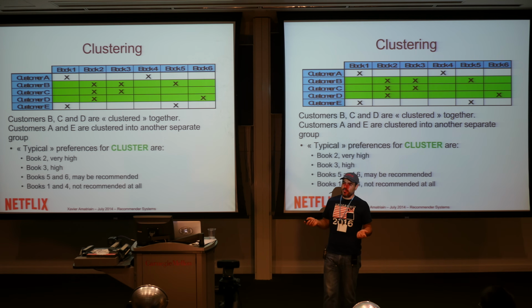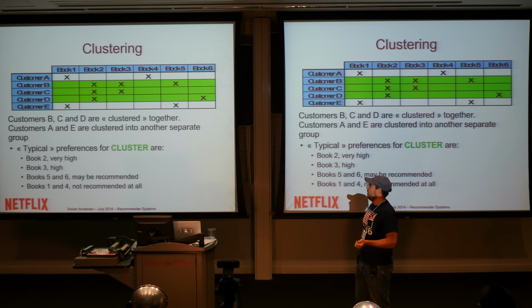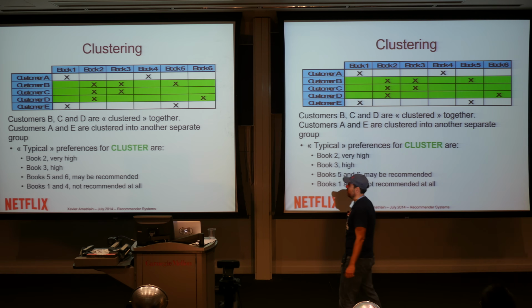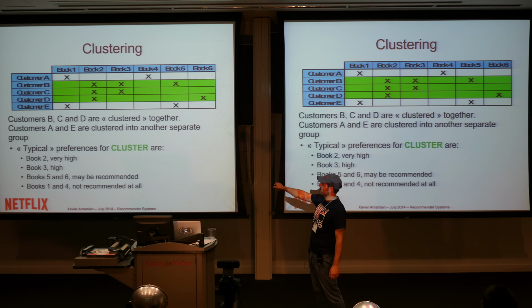The most simplistic approach to clustering will say, well, if I have a number of customers and they've bought similar books, I define a cluster with those users that are similar, and then I compute the typical preferences for a cluster. And the typical preferences are book 2 is very high, book 3 is high, book 5 and 6 may be okay, and books 1 and 4 are not recommended at all.